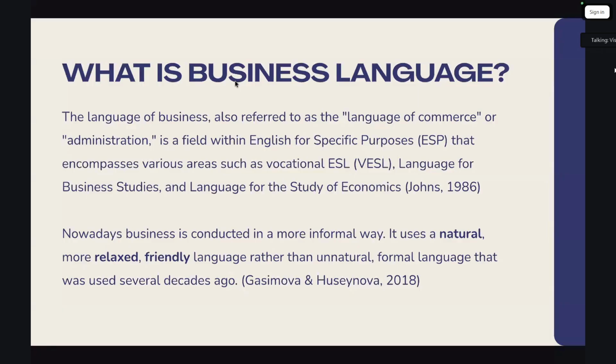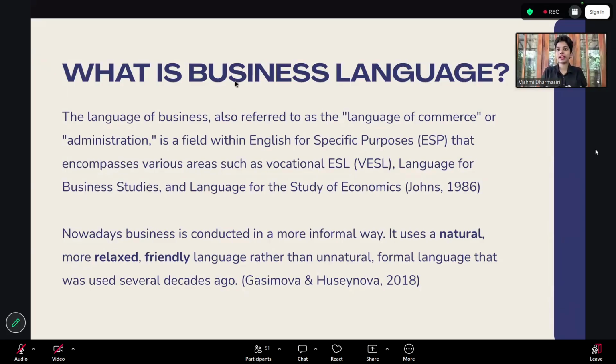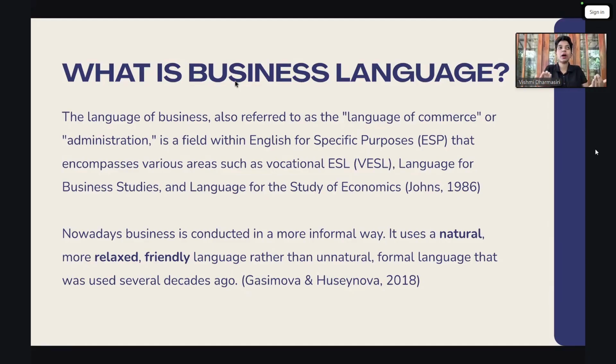So, what we talked about is English for specific purposes. This encompasses various areas such as vocational English or VESL, language for business studies, and language for the study of economics. For example, for vocational language for business studies, vocational means work, right?